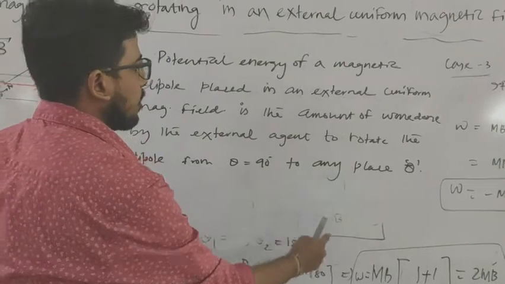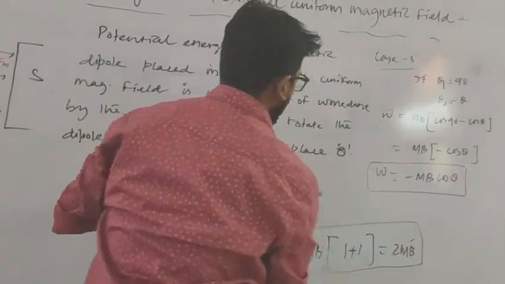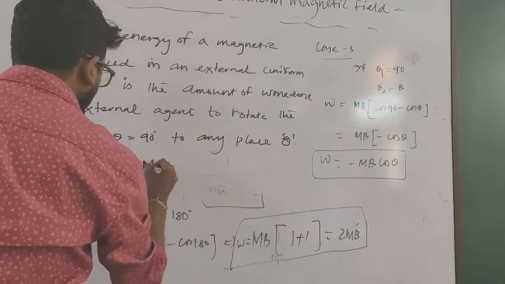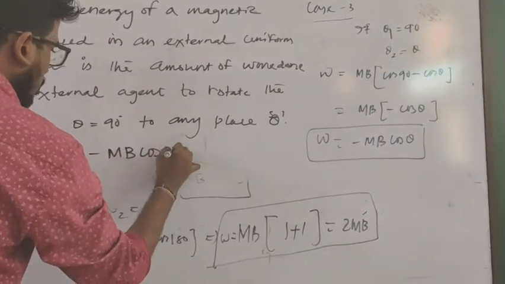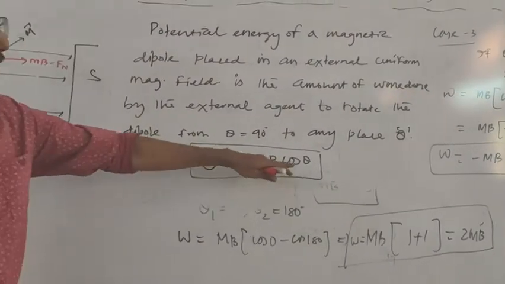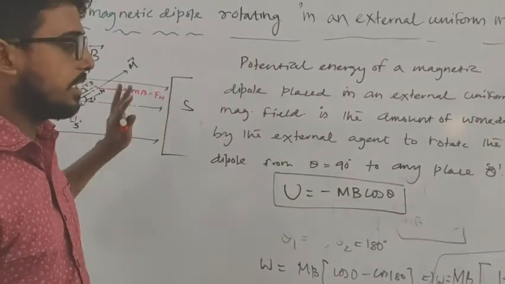This amount of work done, as we have calculated, W equal to MB cos theta, so this also can be written as the potential energy U equal to minus MB cos theta. What is theta? Theta is the angle between magnetic dipole moment and external magnetic field. Clear?